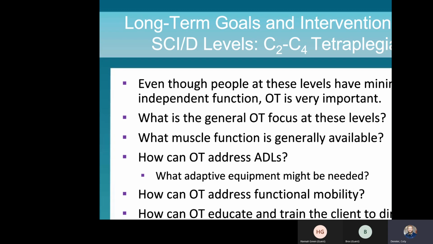How many people know who Christopher Reeve is? Superman. Look him up if you don't know who he is. He was the original Superman, the Superman as we know Superman. He suffered a spinal cord injury from a horse jump.